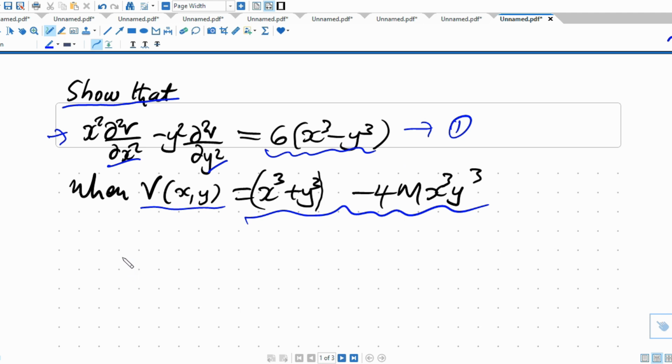Let's begin. Now, the first partial derivative with respect to x, that is ∂v/∂x, is going to be, now with respect to x means we are going to keep y constant. We have x cubed plus y cubed, right?